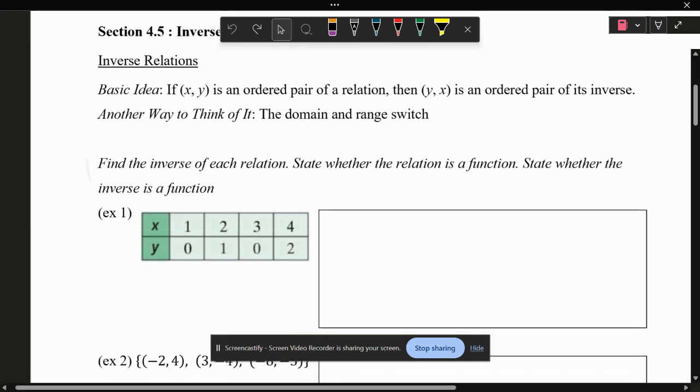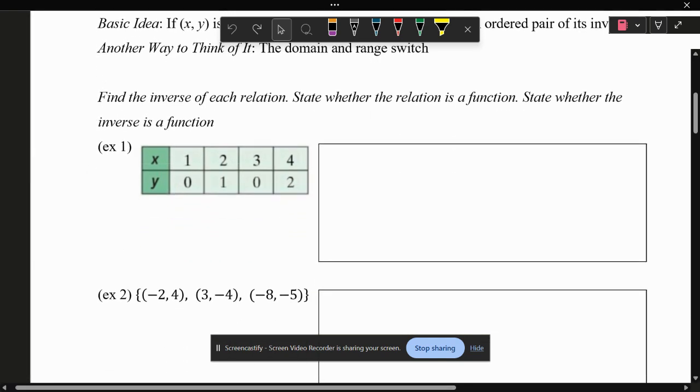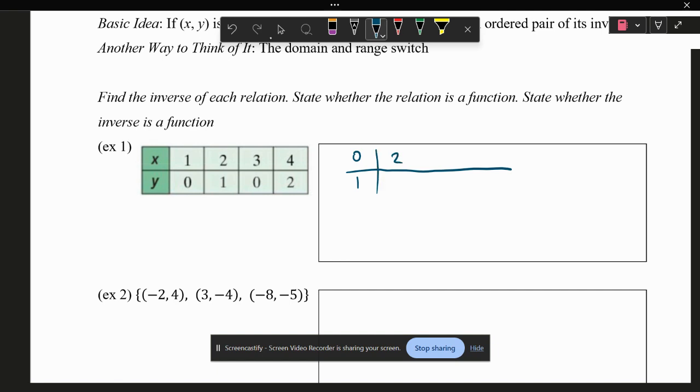So, find the inverse of each relation, see whether the relation is a function, see whether the inverse is a function. So, all we're doing is we're going to switch for a new x and a new y.